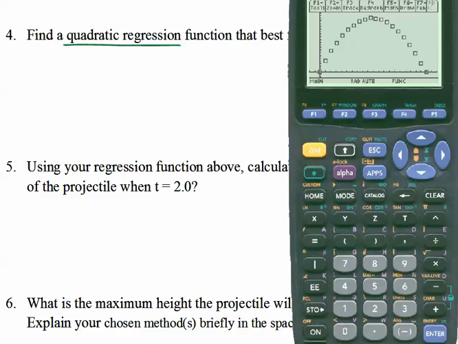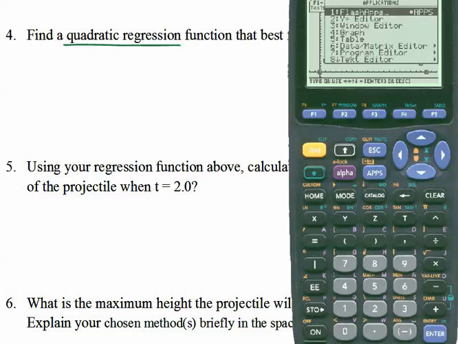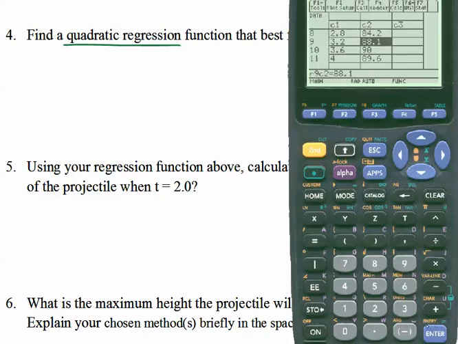Now what we want to do is go back to our data. You can go to your home screen again to get there, or you can use your apps menu. Let's go back to our data, and this time let's use current. This was the data that gave us that scatter plot.